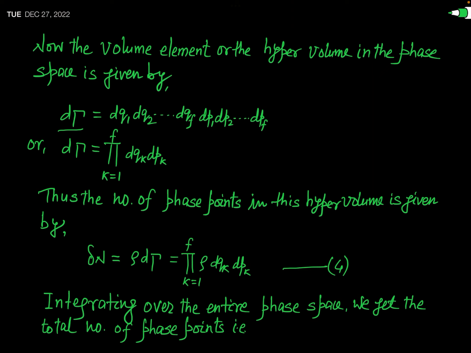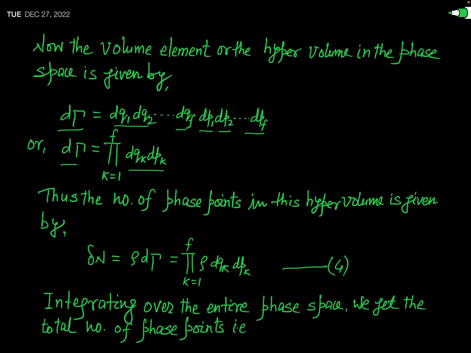This is the product of dq1, dq2, so on dqf, dp1, dp2, so on dpf. And in compact form, you can write this expression as d gamma equal to product over k from 1 to f of dqk times dpk. Here this pi stands for the product over all values of k from 1 to f.